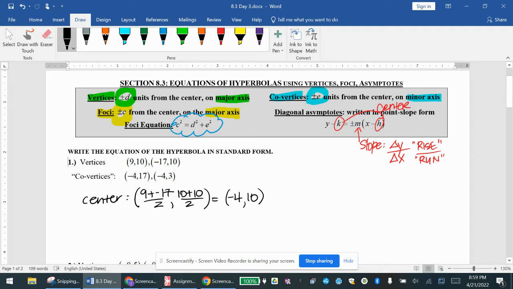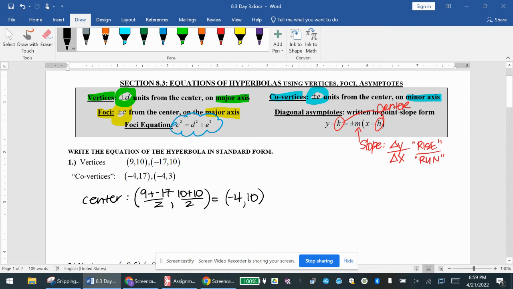Now just like with ellipses, we're going to compare how the center was changed to get to those vertices. As you compare the center to the vertices, did the x values change or did the y values change? Look at the coordinates of the center and compare it to the vertices.